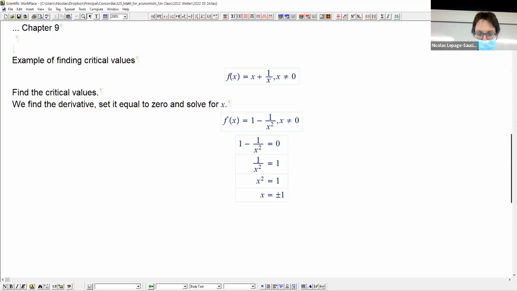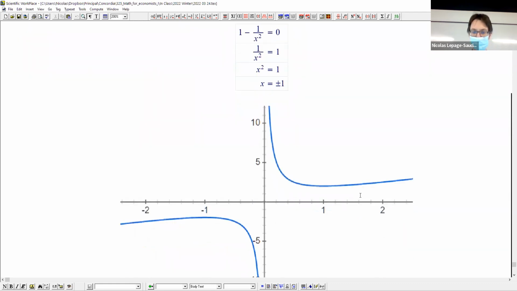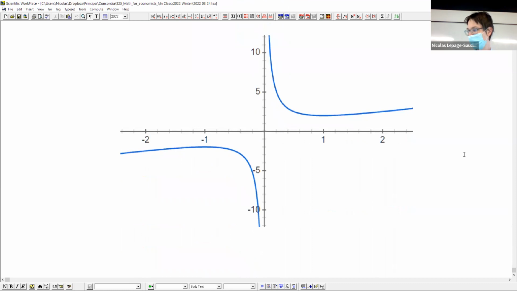Okay, so what does that look like? I think I have the graph here. That one. Okay, so how do we know which is a maximum and which is a minimum?